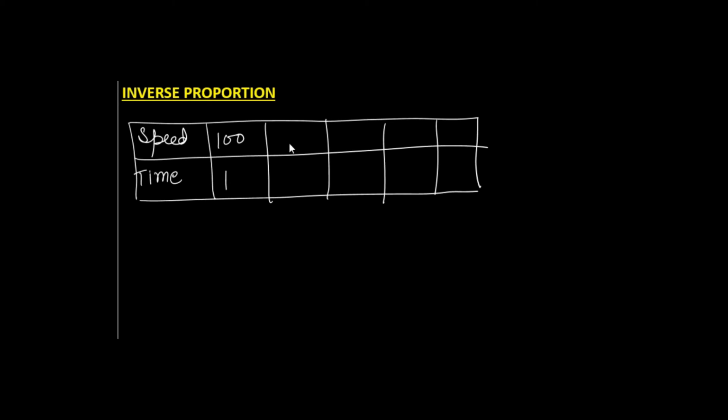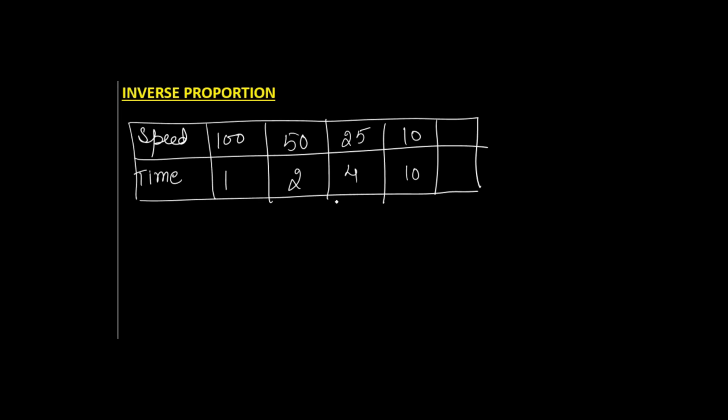When the speed becomes 50 kilometers per hour, then the time taken is 2 hours. When the speed becomes 25 kilometers per hour, then the time taken is 4 hours. When the speed becomes 10 kilometers per hour, the time taken is 10 hours.